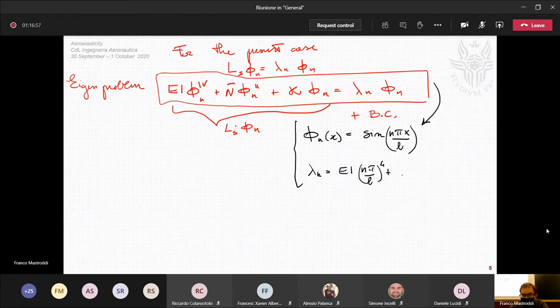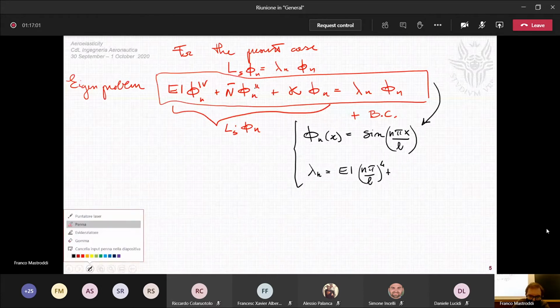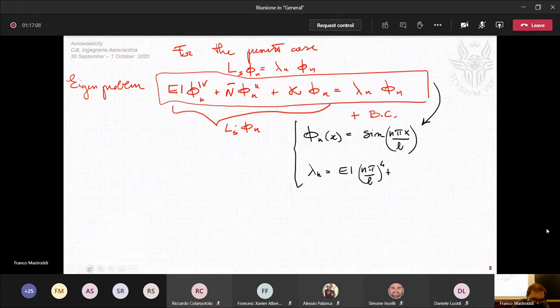plus minus, because we have to derive the sine function 2 times, and so you have a minus sign, so you have minus n pi by L plus kappa. Okay? This is the eigenfunction, this is the lambda function.